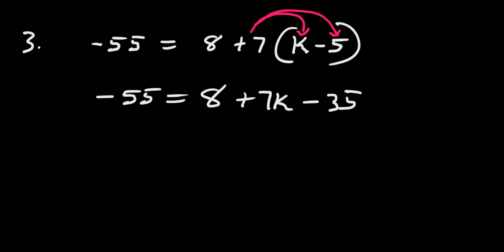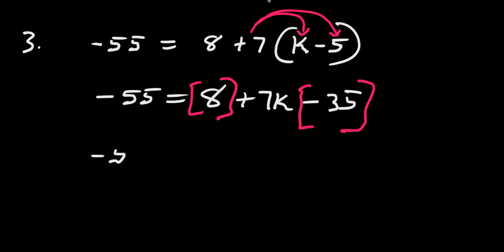All right, now let's combine like terms. We have positive 8 here and we have negative 35 here. So if we combine these two terms, they have different signs, positive 8, negative 35.